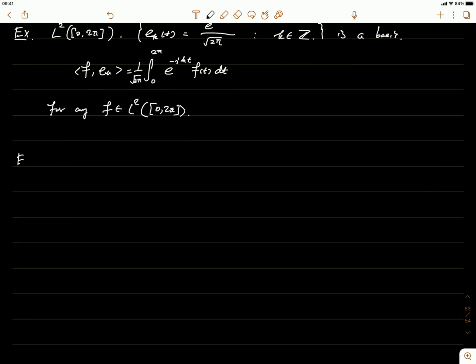So that's one typical example. Also, this will be a trivial example: the l2 space, which is just all the sequences x_i, where each of these x_i is in, say, R, and also the sum of the squares of them is finite.